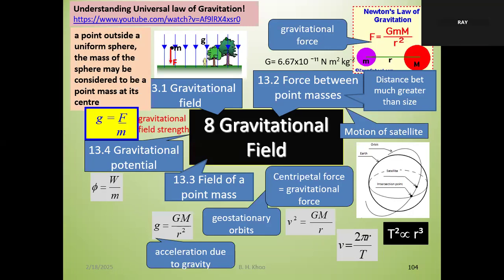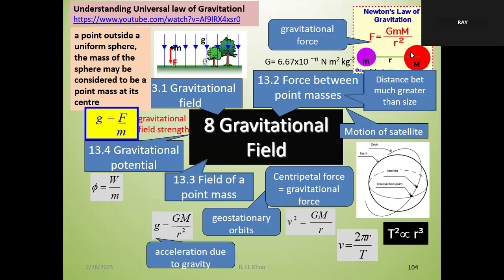Okay, so the force between the two point masses is given by this formula, called Newton's law of gravitation. How do we know it's a point mass? As long as the distance between center to center is greater than the size of the masses.